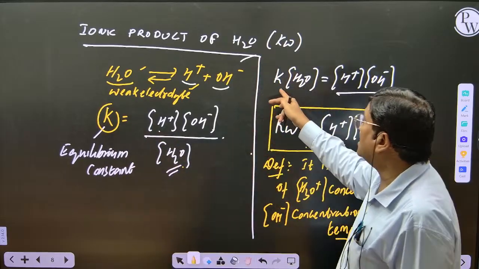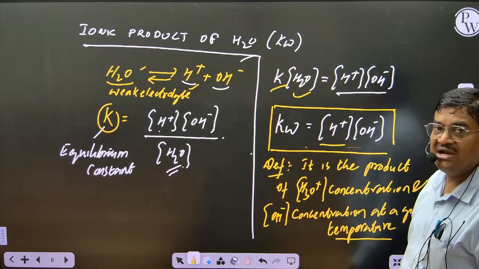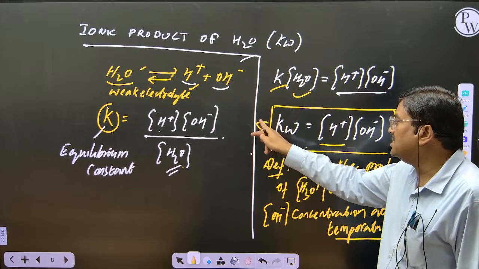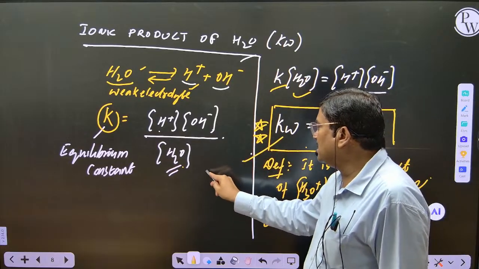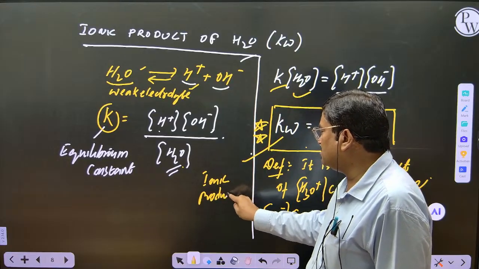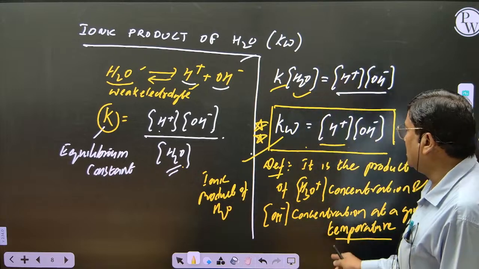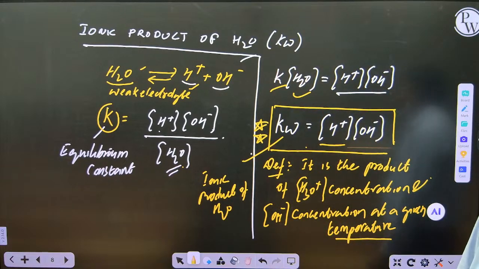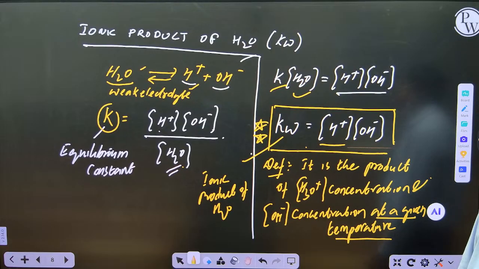K is a constant and water is also a constant, so constant into constant gives a new constant, Kw, the ionic product of water. It is the product of H plus ion concentration and hydroxyl ion concentration at a given temperature, provided the temperature is kept constant.